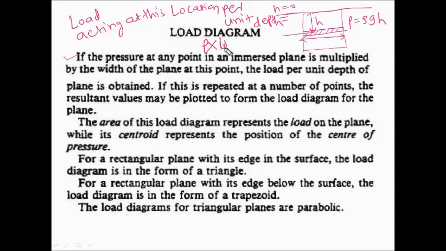So you can say this is B. The unit of the pressure will be Newton per meter square, and the unit of the width will be meter. So this meter and this get cancelled. So you will get the load acting at that location in Newton per meter. That is what they have written here: load per unit depth of the plane is obtained.